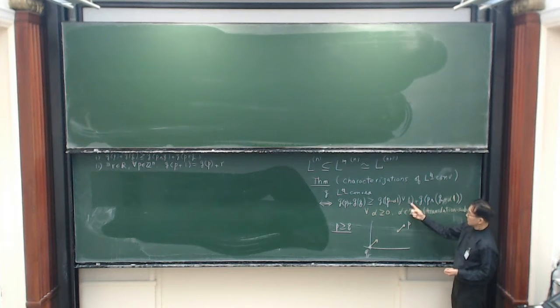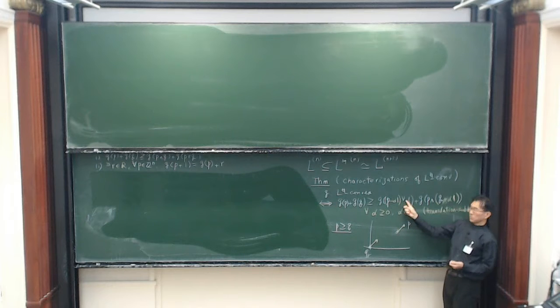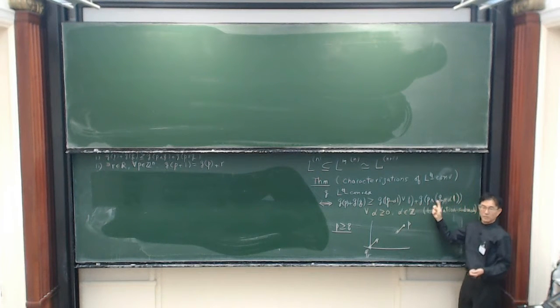And since Q is here, we still have this point. So this operation doesn't mean anything. That means if we come closer, the function value should not decrease. So this is the essential property of convexity.